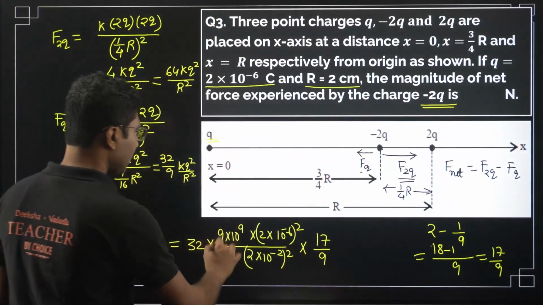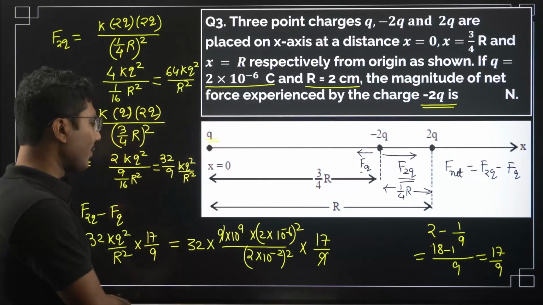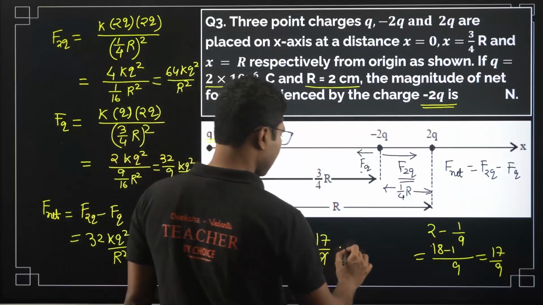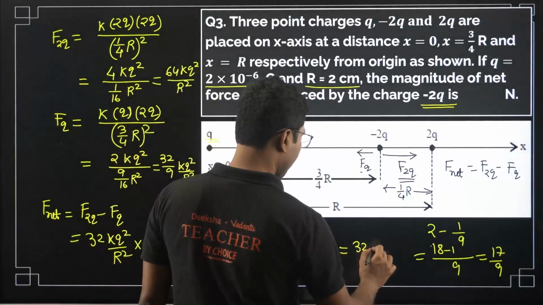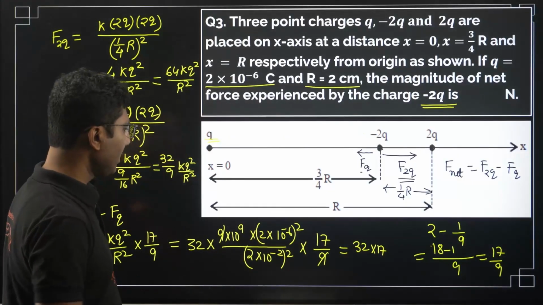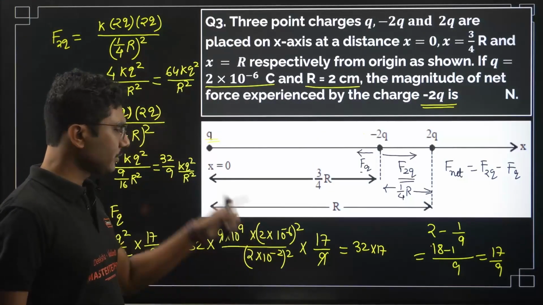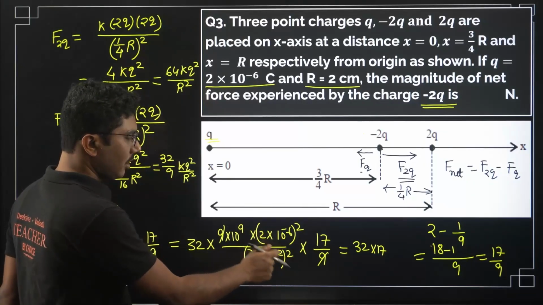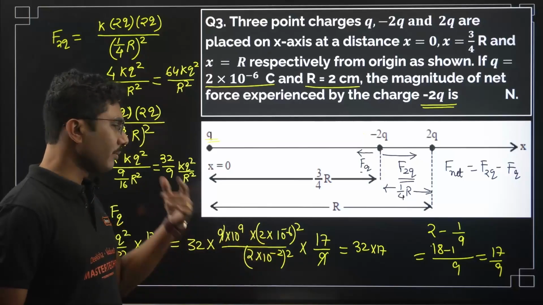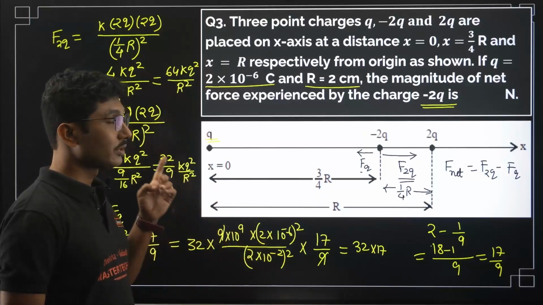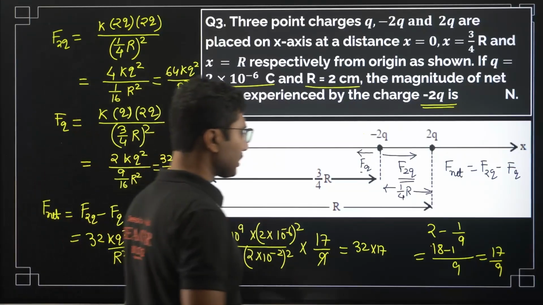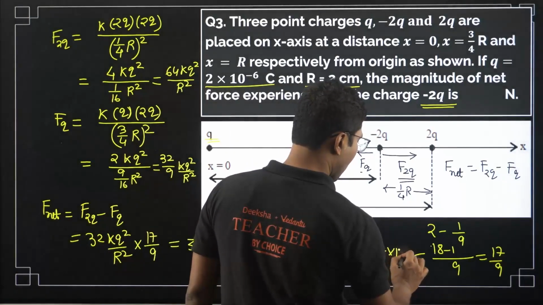So 9 cancels, and the squares will cancel. You will be left with 32 into 17 into 10 to the power of minus 12 plus 9 plus 4. This minus 2 will also become square and go up, so that will also become plus 4. So 4 plus 9 is 13 and minus 12, 13 minus 12 is 10 to the power 1, that is only 10.